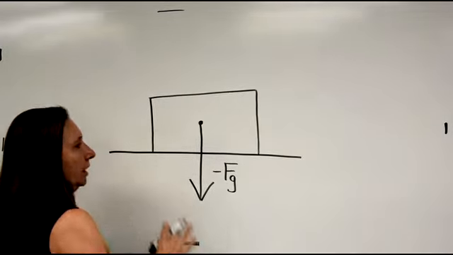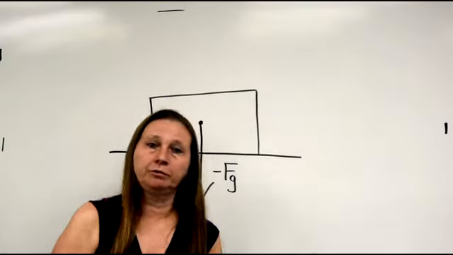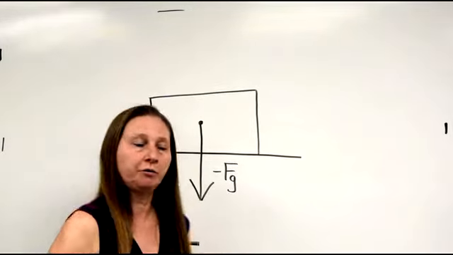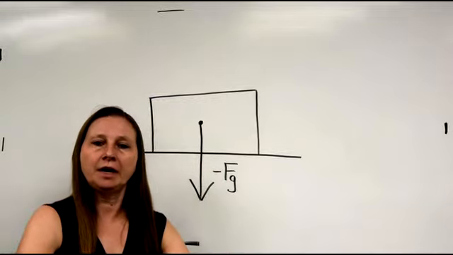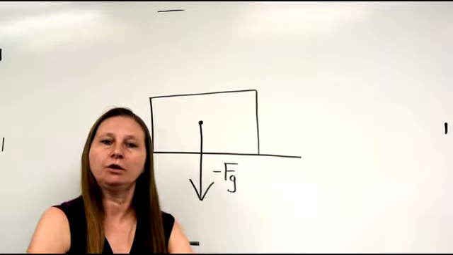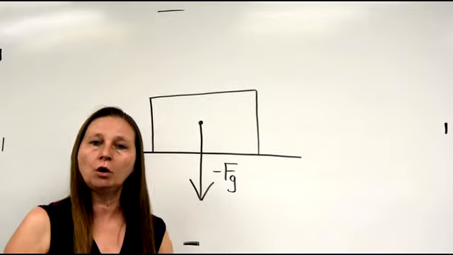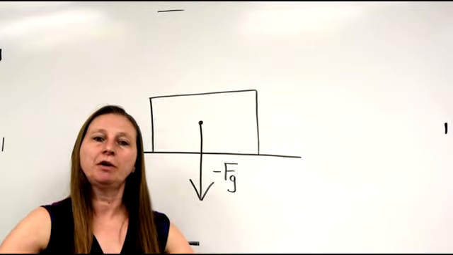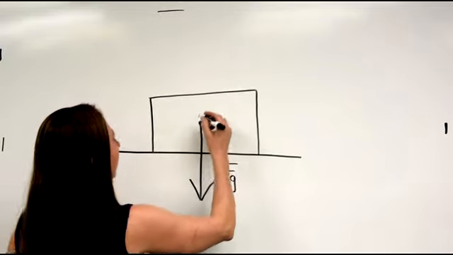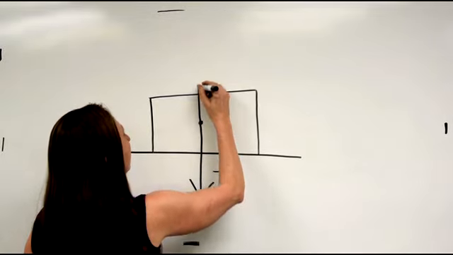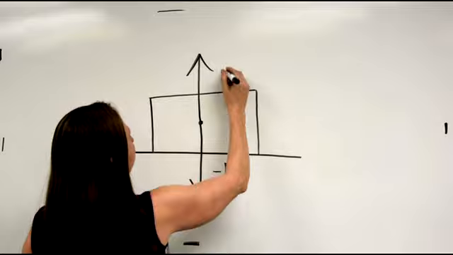Now, if the table is strong enough or the floor is strong enough, it's not going to allow that object to break down into the table or break through the floor. The floor or the table is going to provide a normal force, a supporting force that is directed upward on the object.